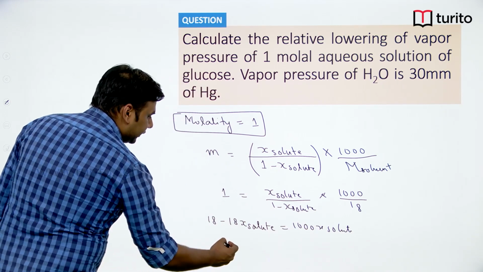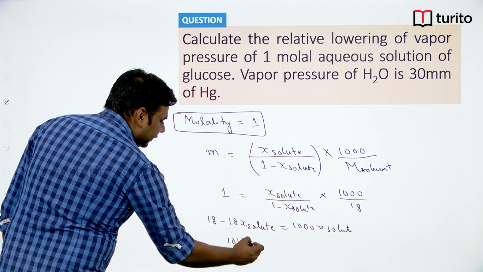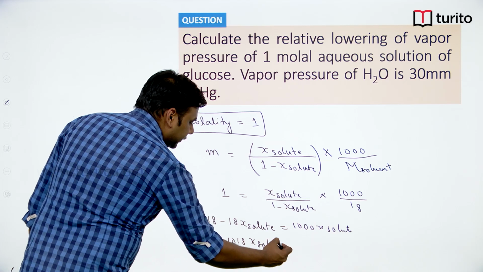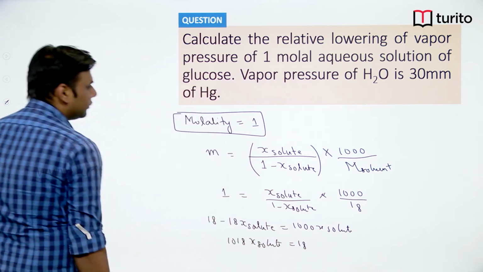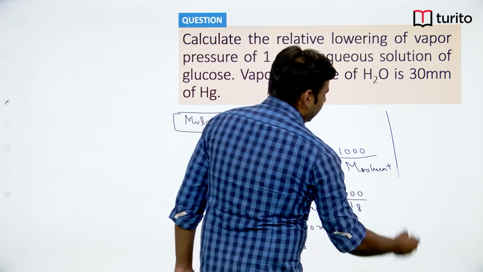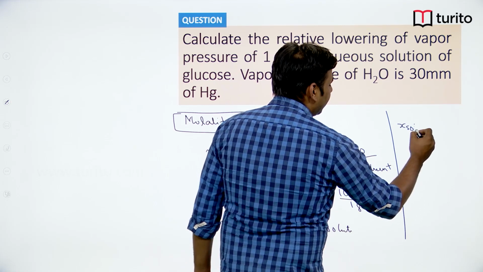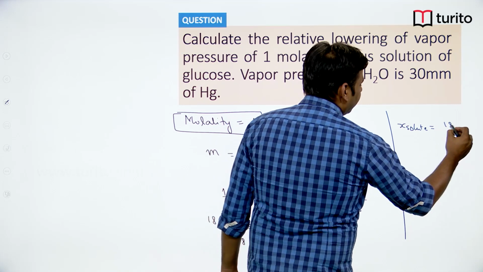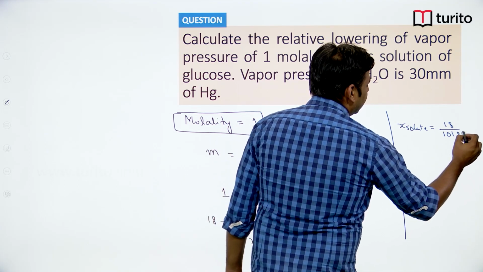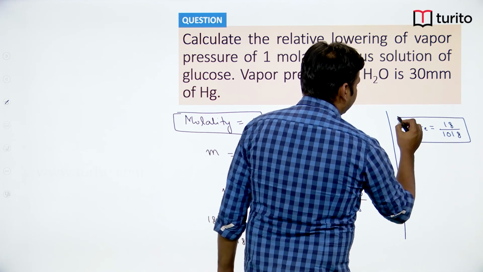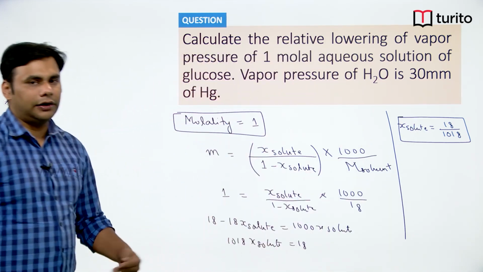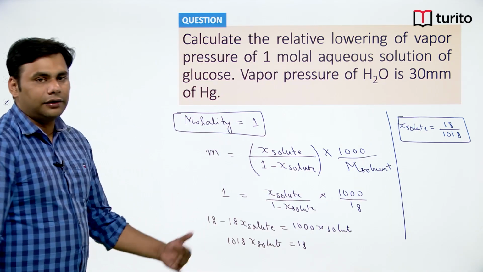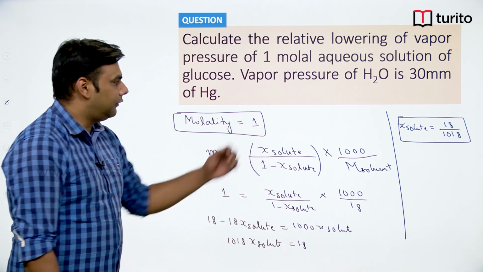I can write this as 1018 into mole fraction of solute is equal to 18. Clearly, the mole fraction of solute is 18 upon 1018. Again, you need to do a lot of calculation over here. Just do the calculation so that you become strong in calculating different types of equations.